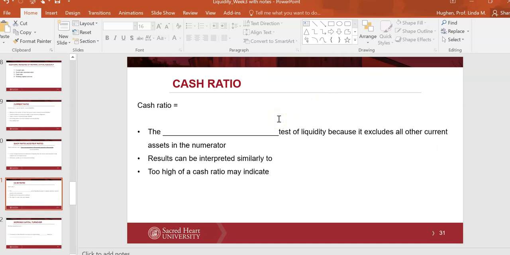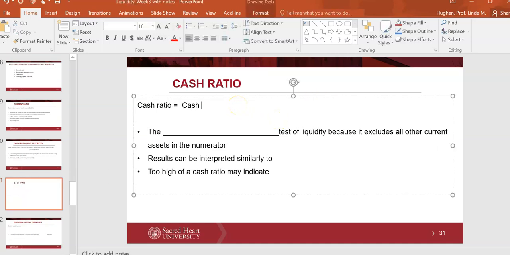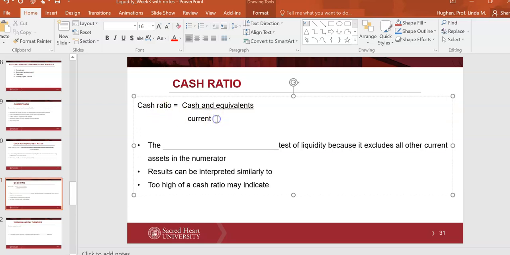The cash ratio is simply the cash and equivalents divided by current liabilities. So let's not worry about not even inventory. Let's not even include our marketable securities, our short-term investments, or those receivables. Let's just look at how cash compares to current liabilities.